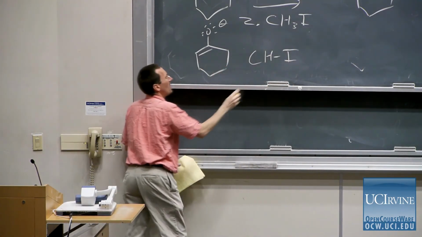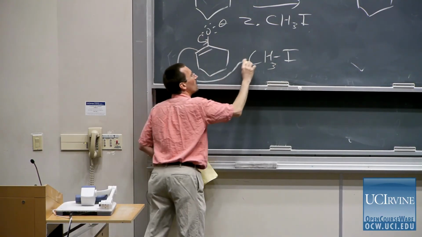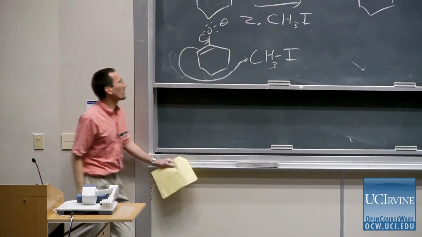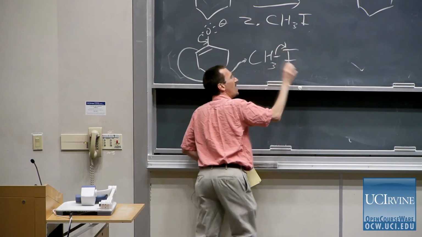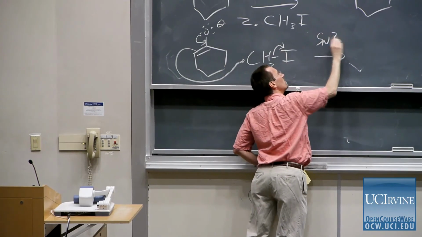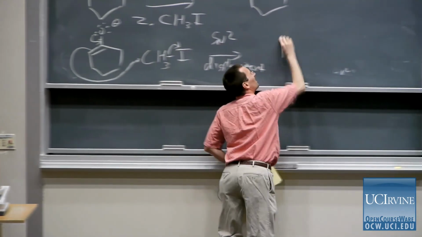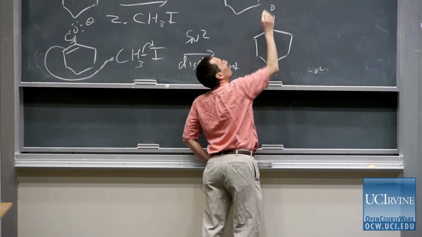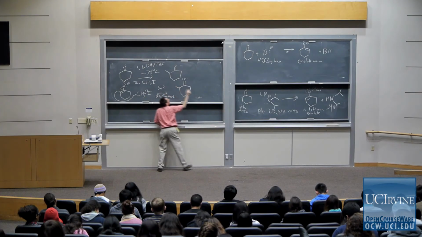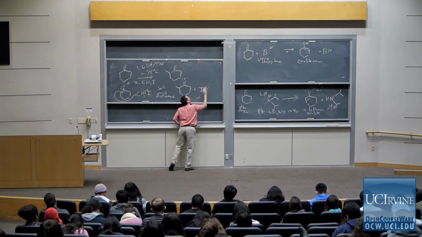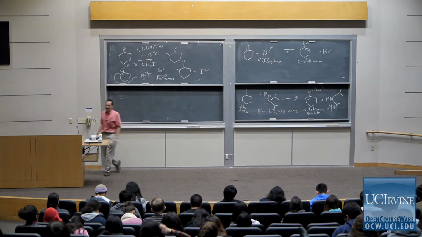Whether it's a proton, whether it's methyl iodide, we have a good electrophile. Electrons flow from the alpha carbon to the electrophilic methyl carbon, and we do an SN2 displacement to give the methylated cyclohexanone and iodide anion.